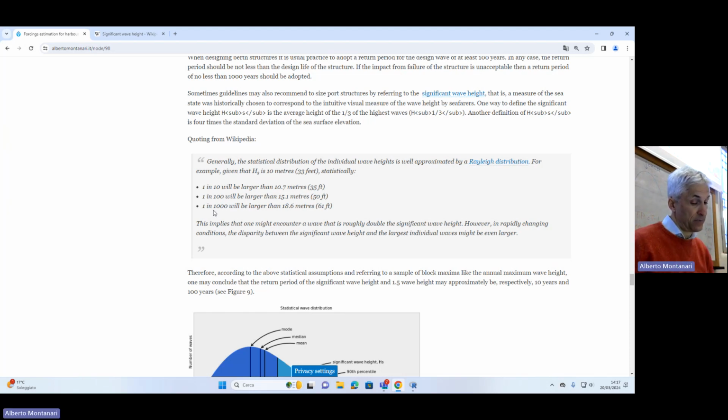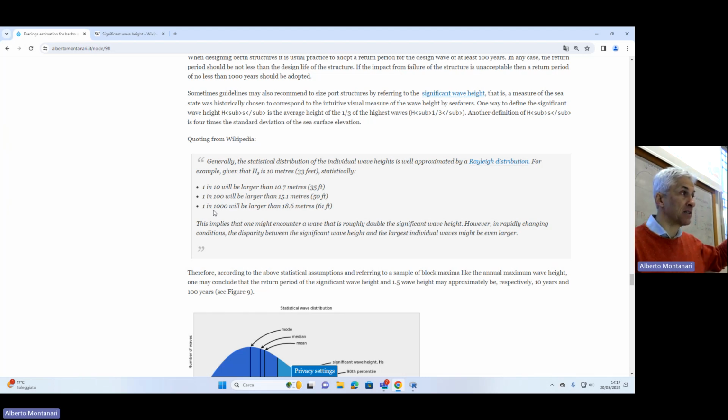And keep in mind that the concept is, if you have an extreme variable to describe, a small increase in the variable implies a much larger increase in the return period. You see here, from 1 in 10 to 1 in 100, from 10 years return period to 100 years, there is a factor of 10. I am increasing 10 times, but the corresponding wave height is increasing 1.5. So keep it in mind.